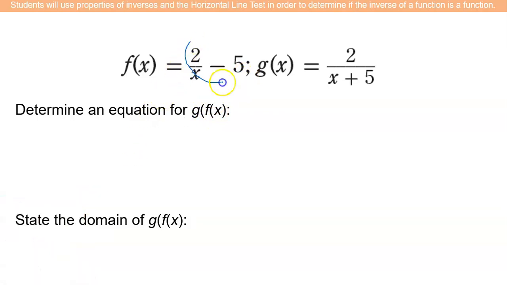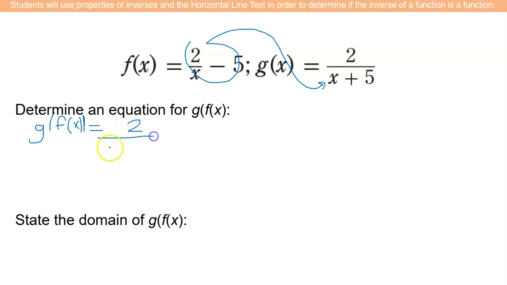So we're going to take this and put it in here. So we've got g of f of x equals 2 divided by 2 divided by x minus 5. That replaced our x plus 5.